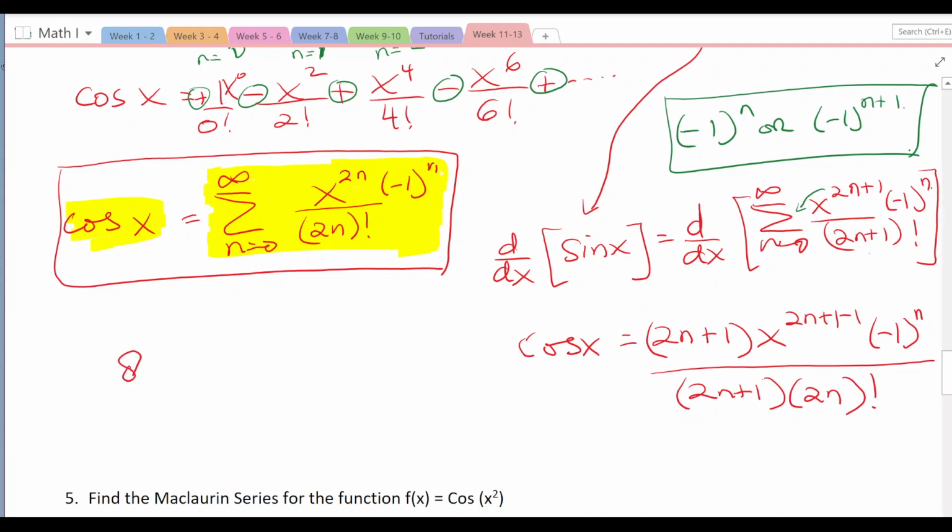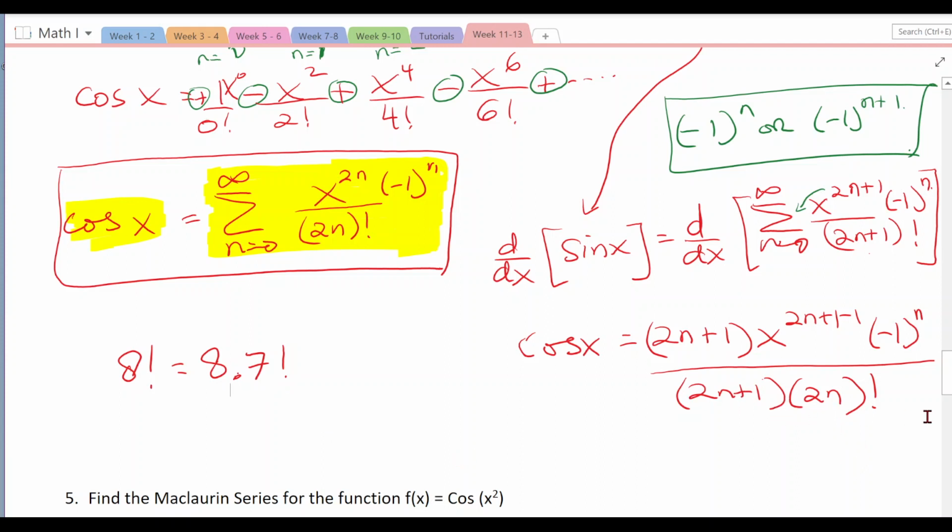I don't know if you remember, 8 factorial equals 8 times 7 factorial, where one number below 8 is 7. The same thing here: one number below 2n plus 1 is simply 2n, so 2n factorial.